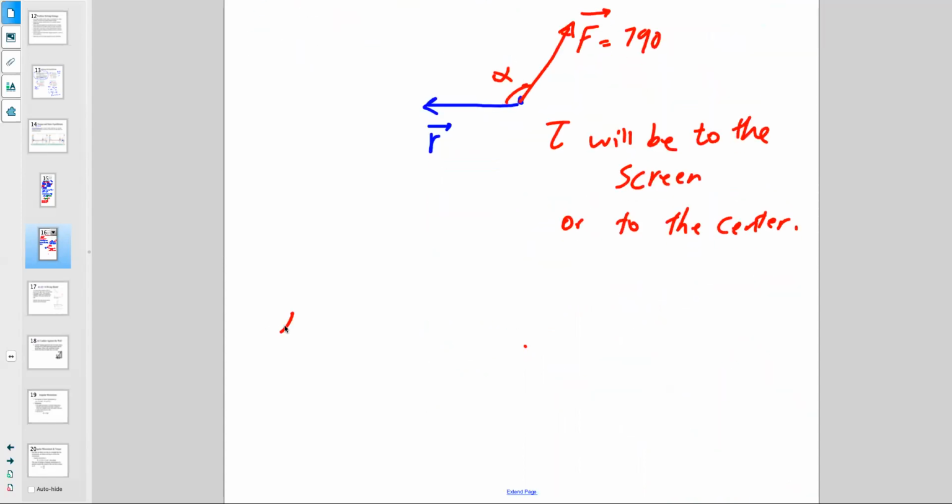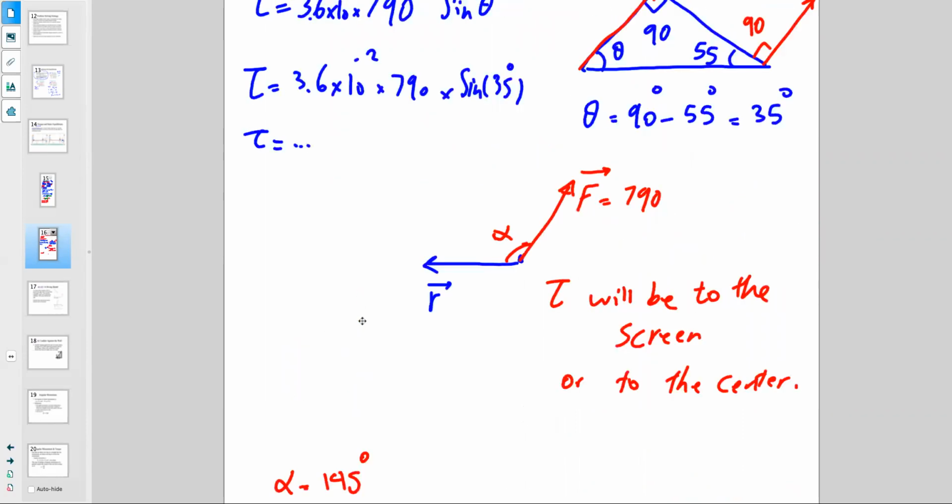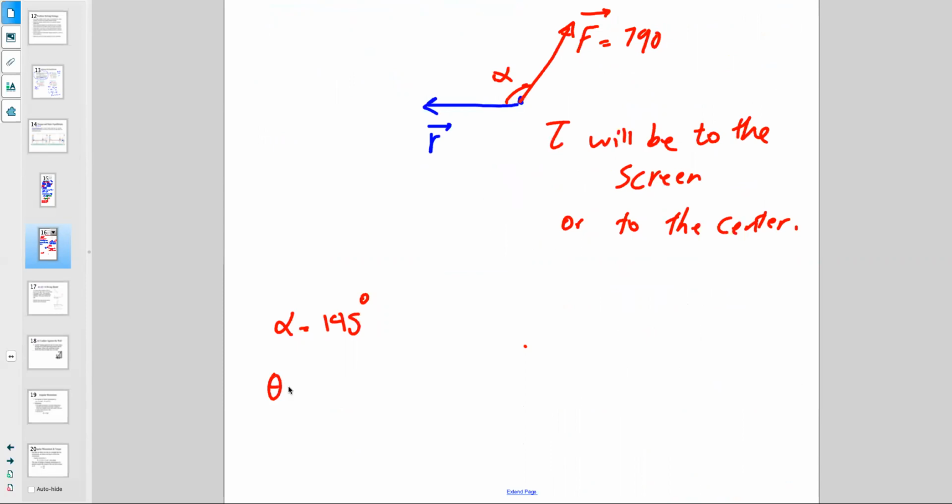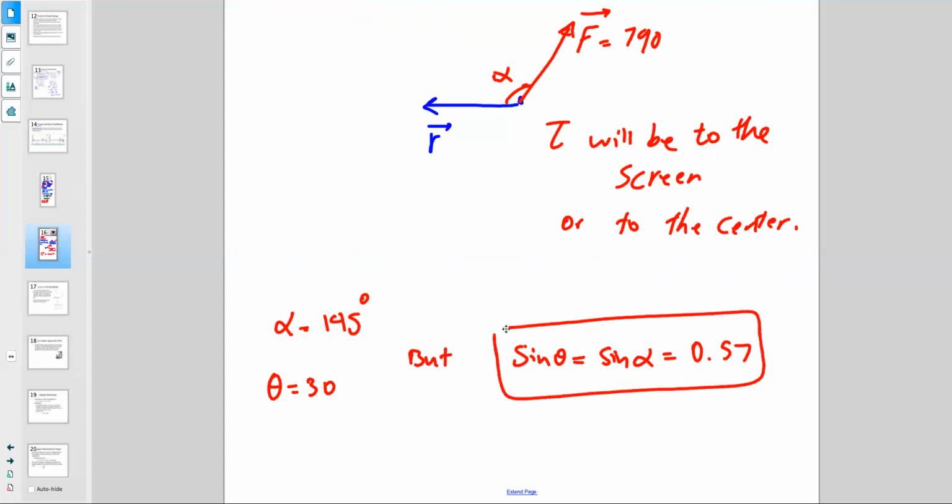So in other words, alpha is 145 degrees. Theta is 35 degrees. But the sine of theta and the sine of alpha is the same. They're equal. I think it's 0.57 or something like that. So that's why we usually consider the smallest angle between the two.